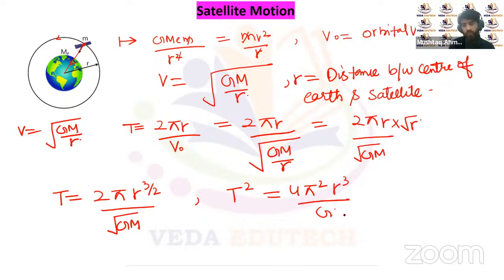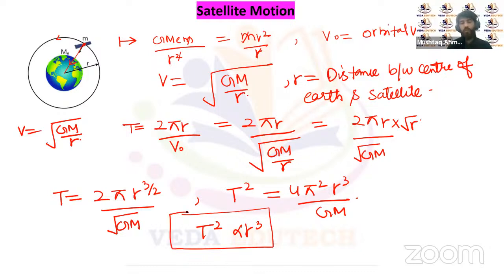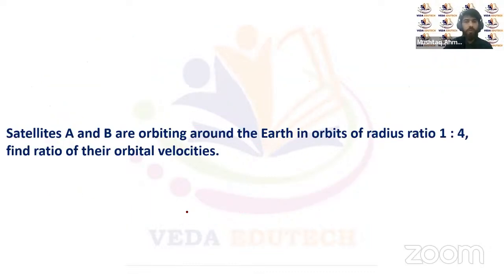So T squared is directly proportional to r cube. This once again follows Kepler's third law of planetary motion.